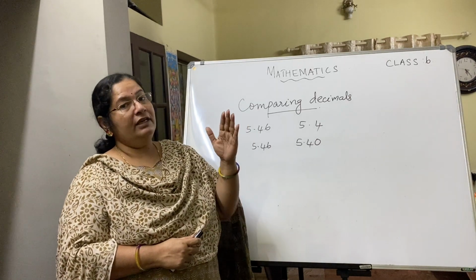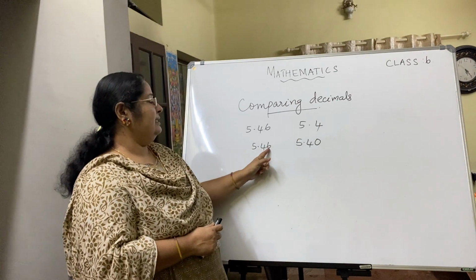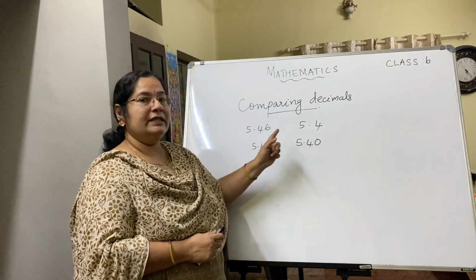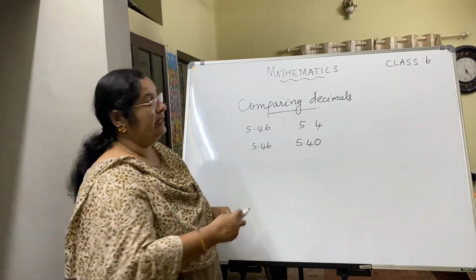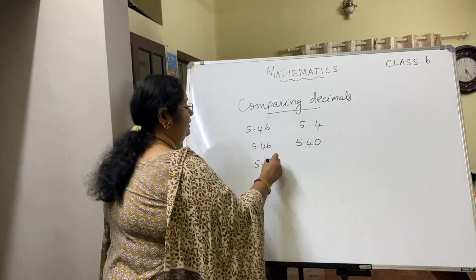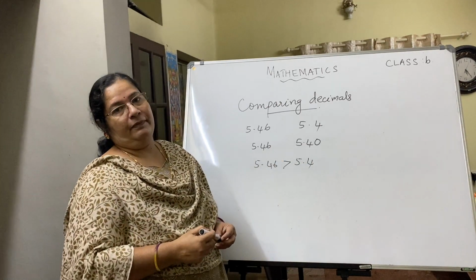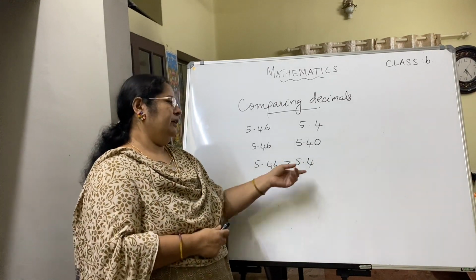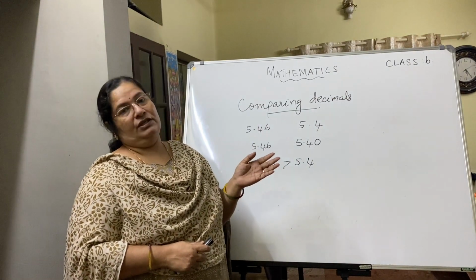Go for the next place, that is the 100th place. Here 6, here 0. Which is greater? 6 is greater. So which decimal will be greater? 5.46 will be greater than 5.4. Even if you write 5.40, it is okay because the value never changes.